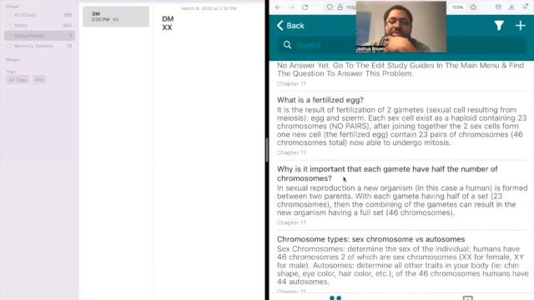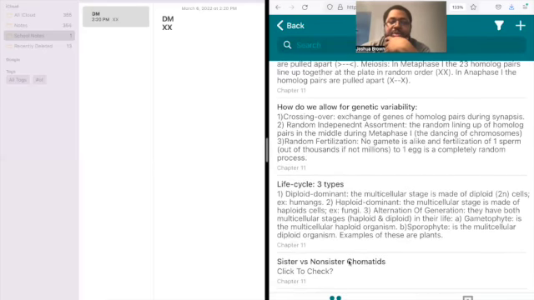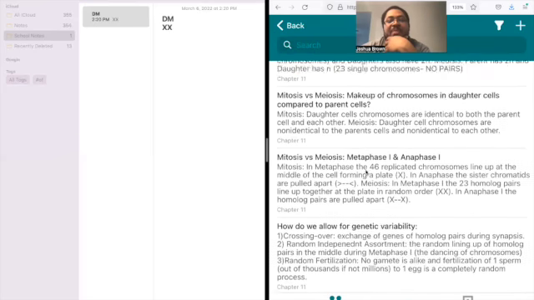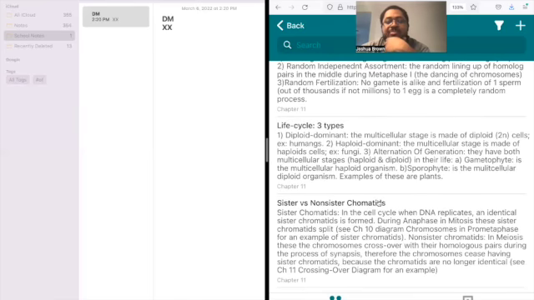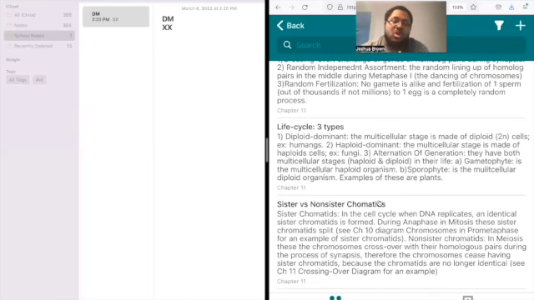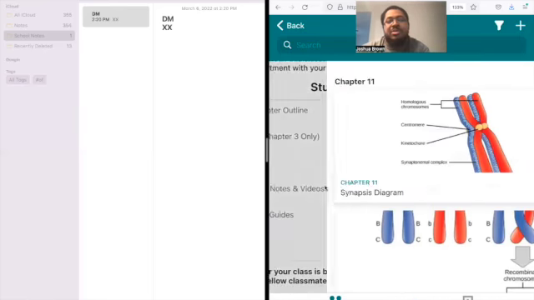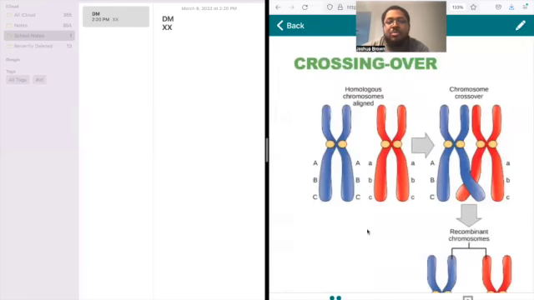Last question on chapter 11: sister chromatids versus non-sister chromatids. This is what we were talking about. That's an area I have to go back and fix. In fact, I'm going to do it after I get done with this. I'm going to use a diagram to show this. When we're talking about sister chromatids, we're looking at this chromosome here.